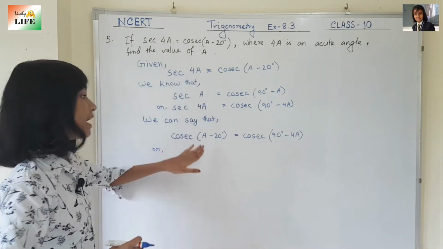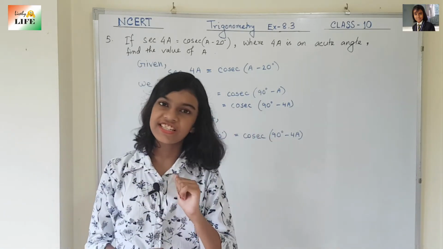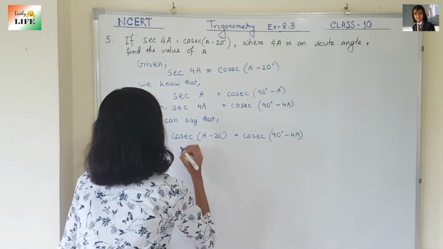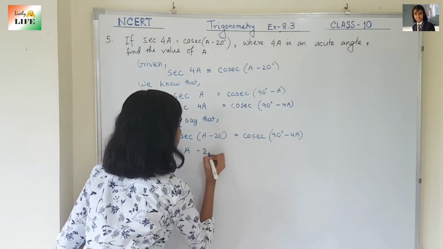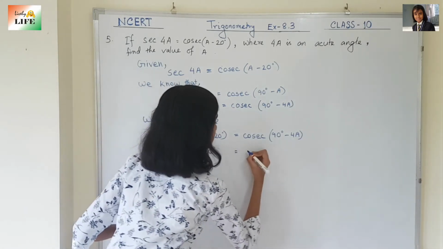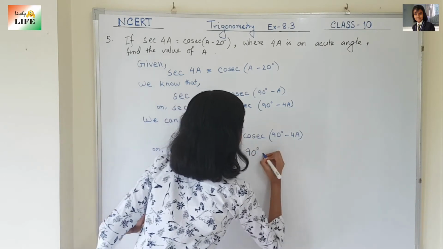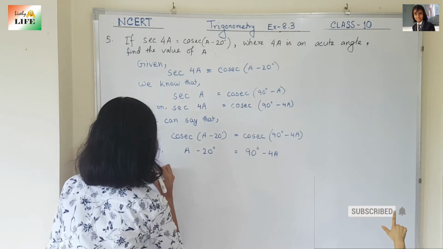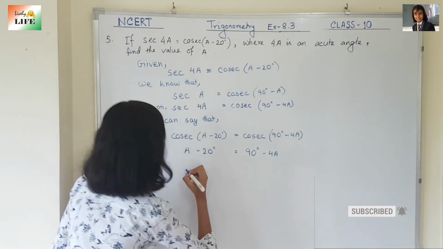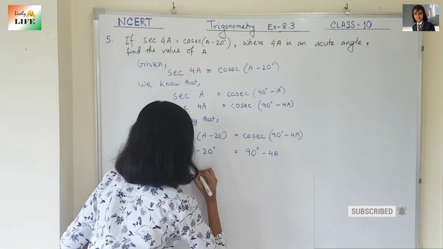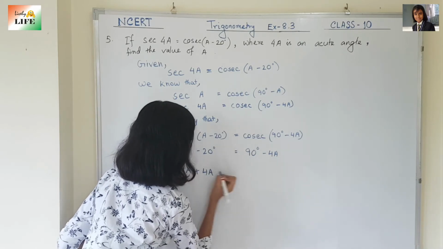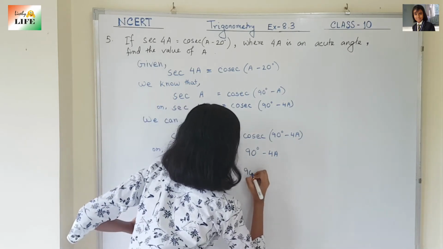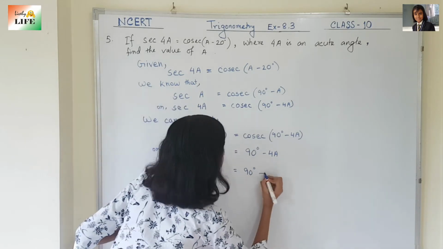We can write this as a minus 20 degree is equal to 90 degree minus 4a, right? Now 4a will come over here, plus 4a is equal to 90 degree plus 20 degree.